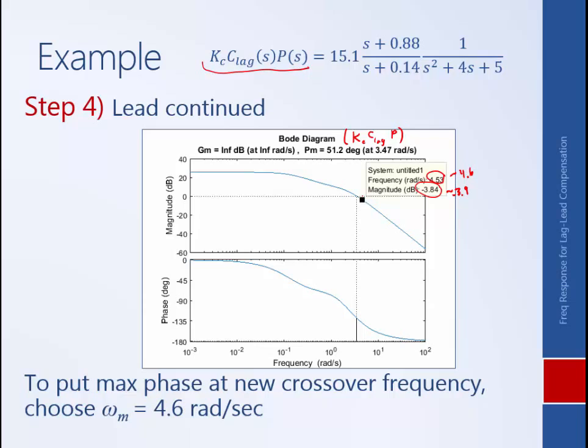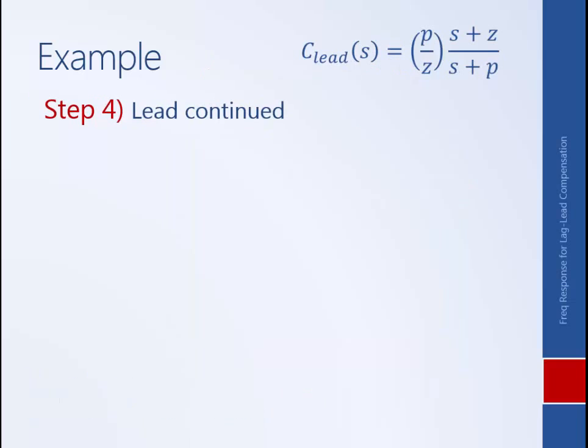Okay, so that's what I was sort of saying. We calculated the alpha to give us the amount of phase bump, and then we centered the pole and the zero so that the phase bump is located at the new crossover frequency. So between those two relationships, we can then solve for the pole and the zero of the lead compensator.